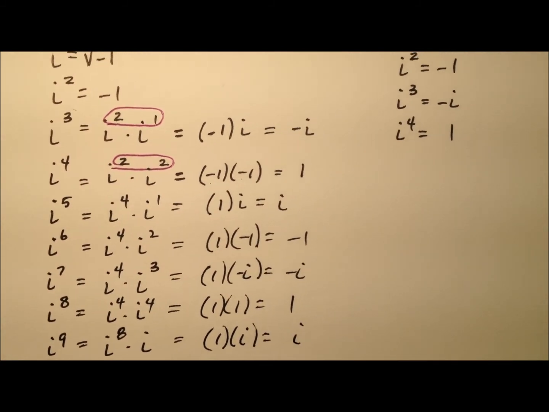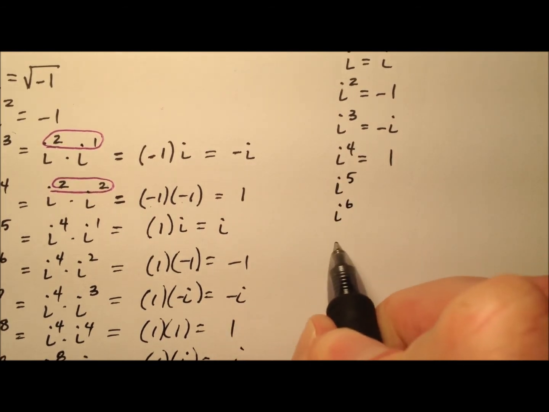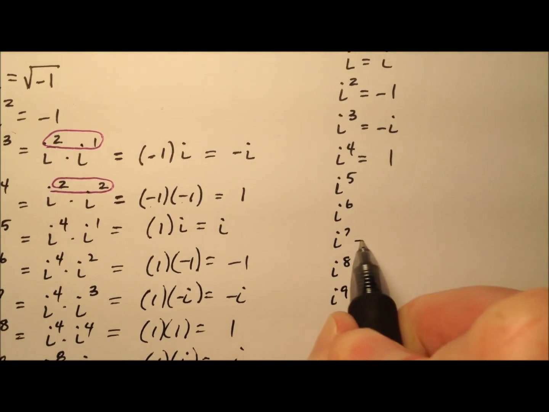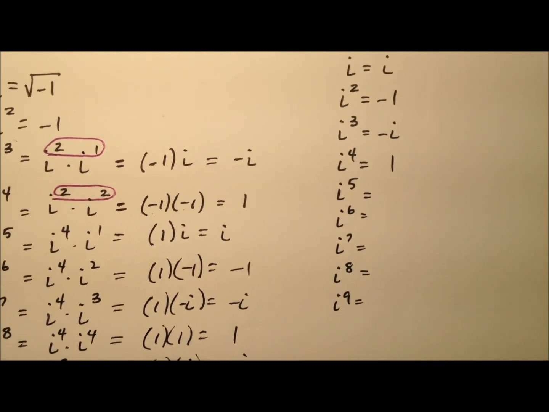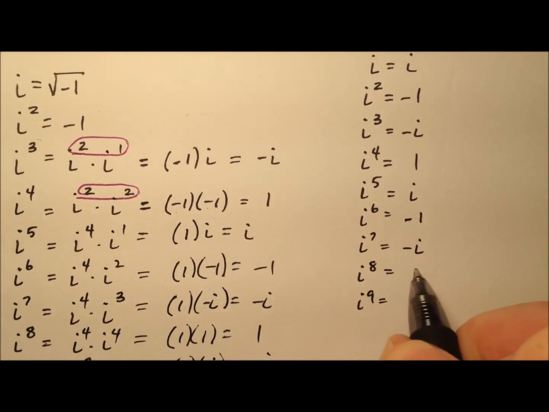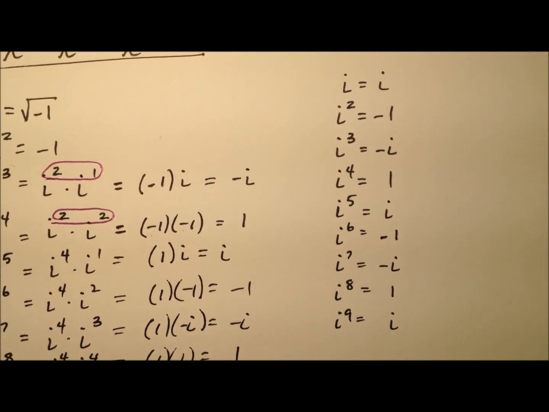Well, now we have a little more evidence here, so let's go ahead and continue my list. So i to the 5th, 6th, 7th, 8th, 9th, and we just simplified all of those, and they came out to be i, -1, -i, 1, i. All right, so let's look at this list.